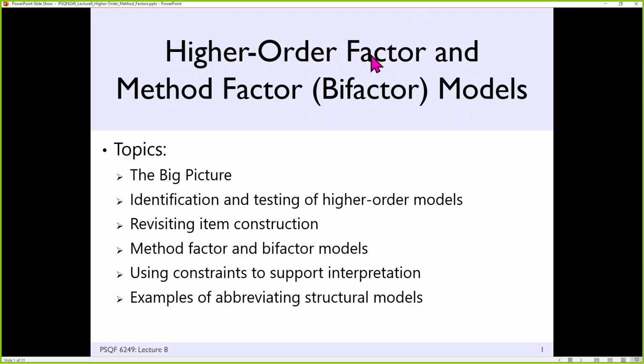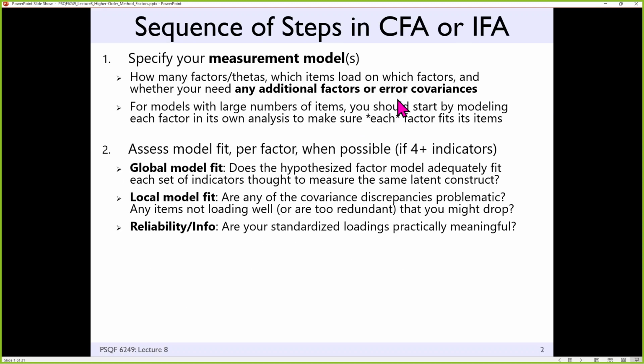So higher order factor models, which I know several of you have structures that were intended to look like that, as well as what are known as method factors or bifactor models. We've talked a little bit about this, and I wanted to do a more in-depth treatment. So big picture first, sequence of steps. When you're approaching a measurement problem, the first thing that we would want to do is tackle the measurement model portion.